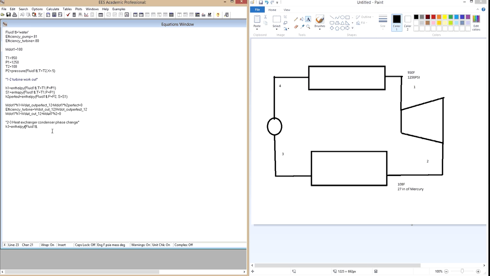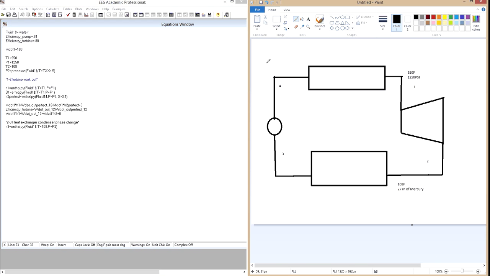Let's see, what do we know about state 3? T equals 108. And now let's just try this. P equals P2, because the pressure at 2 and 3 are the same. Now you would think this would work, but if I drew the TV diagram, I can do that really quick. You'd see a pressure line like this.